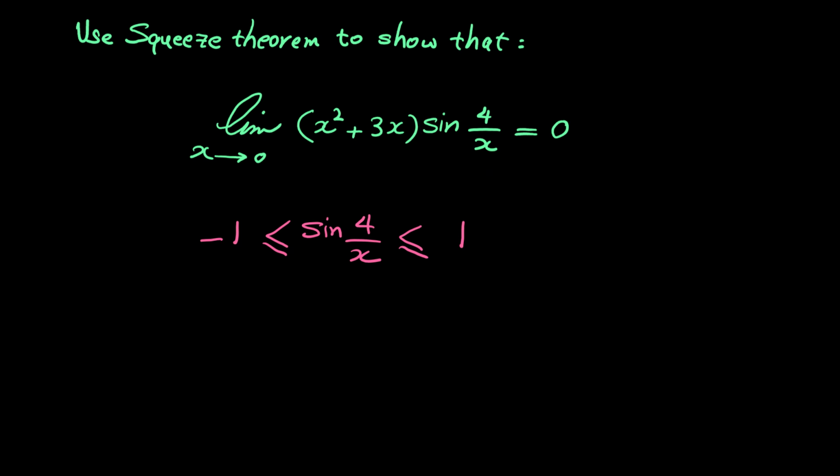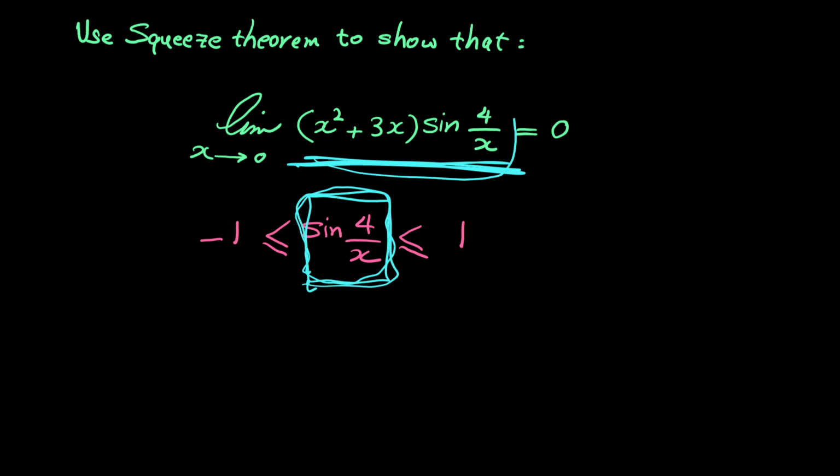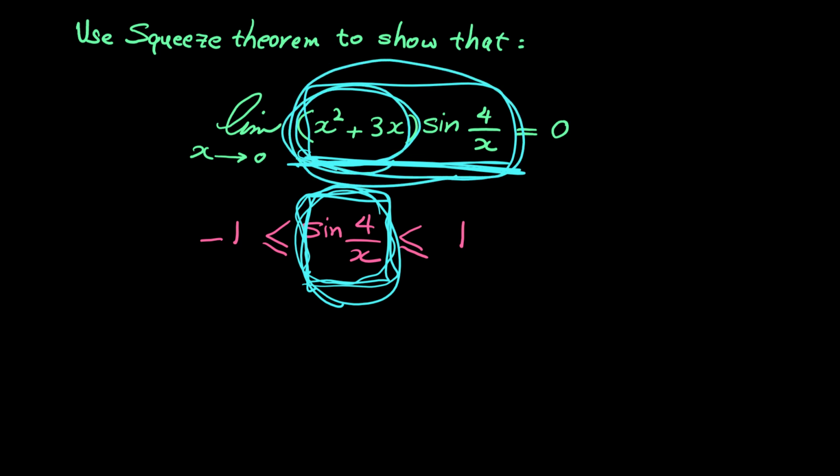And now we want to make this expression like the expression in the limit. If you pay attention, to make this expression like the expression here, what we have to do is multiply it by x squared plus 3x, because we want to find the limit of all of this expression. So far we know that sine of 4 over x is between -1 and 1.